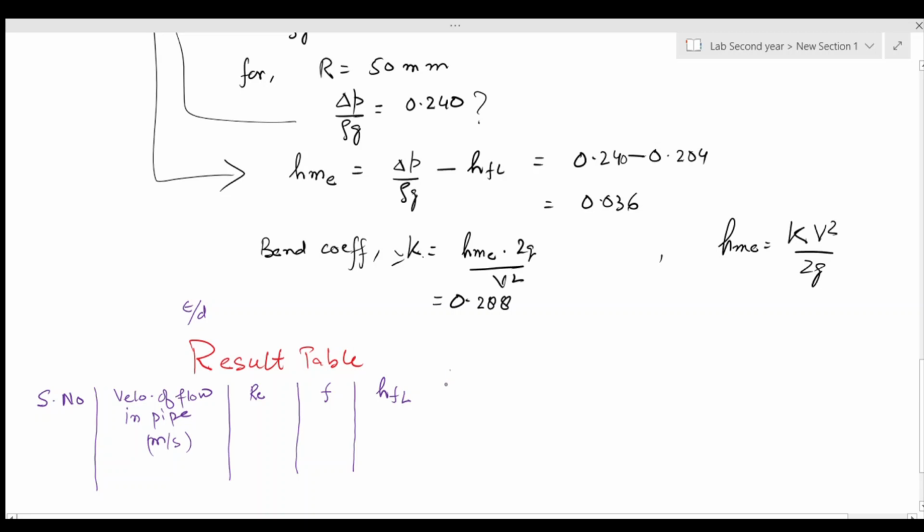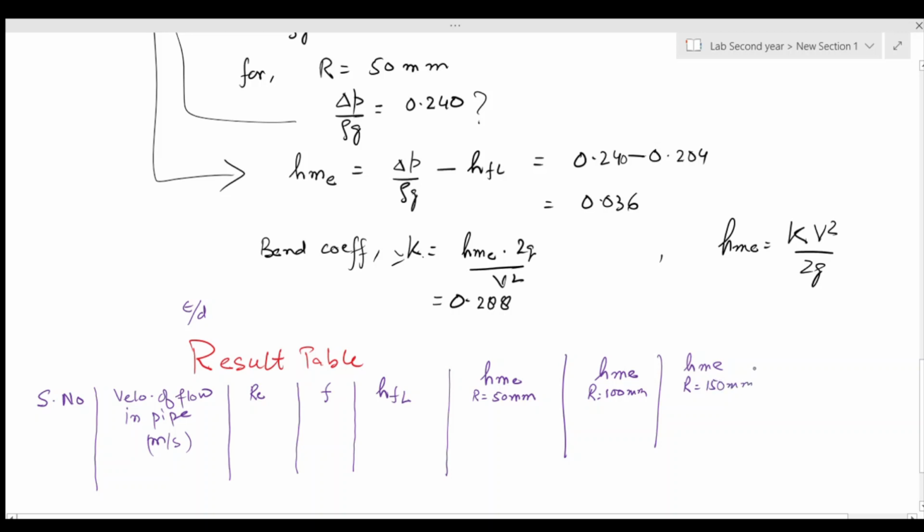And then afterwards I would find my bend loss for all of these different radius. Let's say for 50 mm, for 100 mm, for 150 mm.